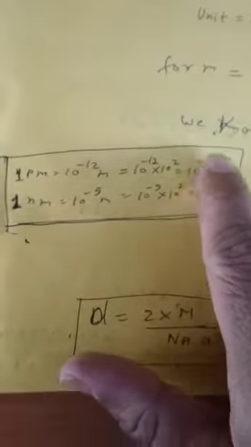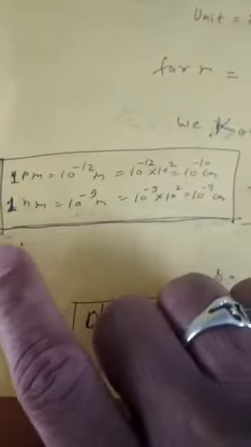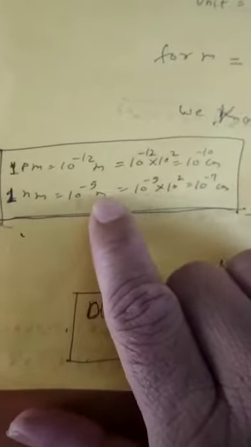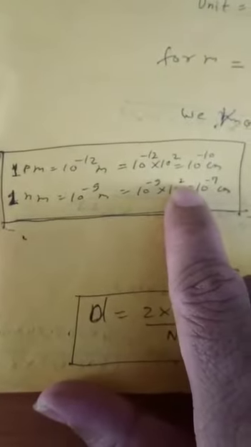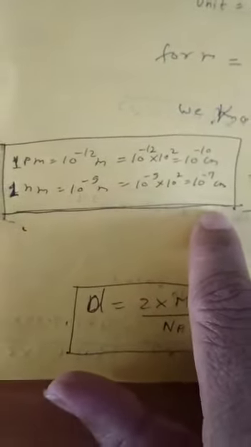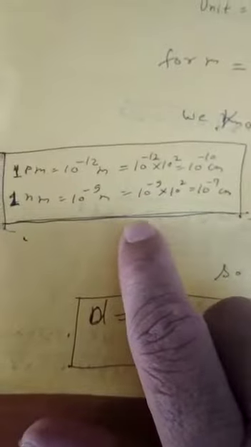So you can say 1 picometer is equal to 10 raised to minus 10 centimeter. Similarly, 1 nanometer is equal to 10 raised to power minus 9 meter, and 1 meter is 10 raised to power 2 centimeter. So 1 nanometer is equal to 10 raised to power minus 7 centimeter. Use this conversion if you require.